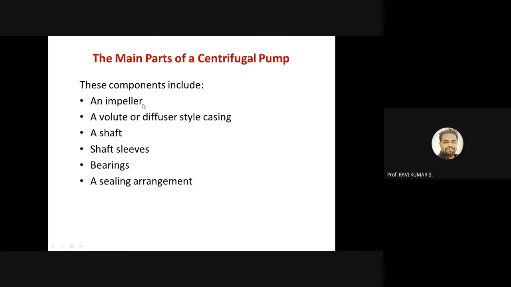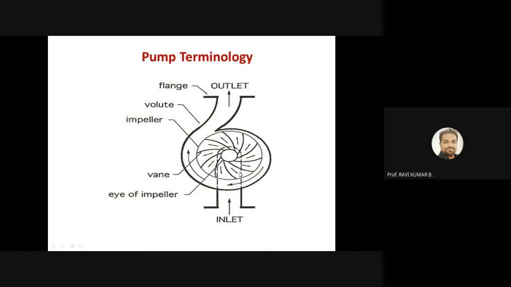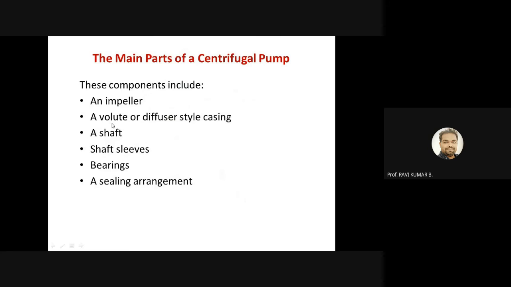When we're talking about the casing, that is called the volute. The volute is the outer casing. You look at this, the entire thing is called the volute casing. When we talk about this volute or diffuser style casing, it contains the liquid and acts like a pressure container, or pressure containment, where pressure will arise.